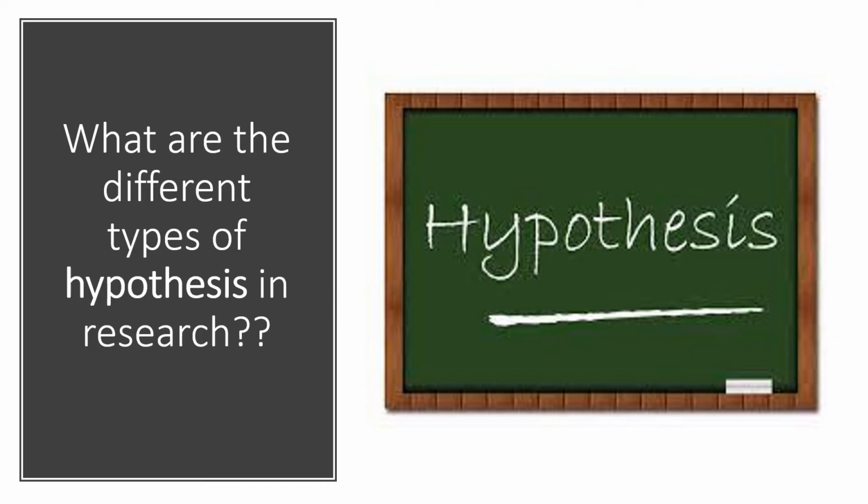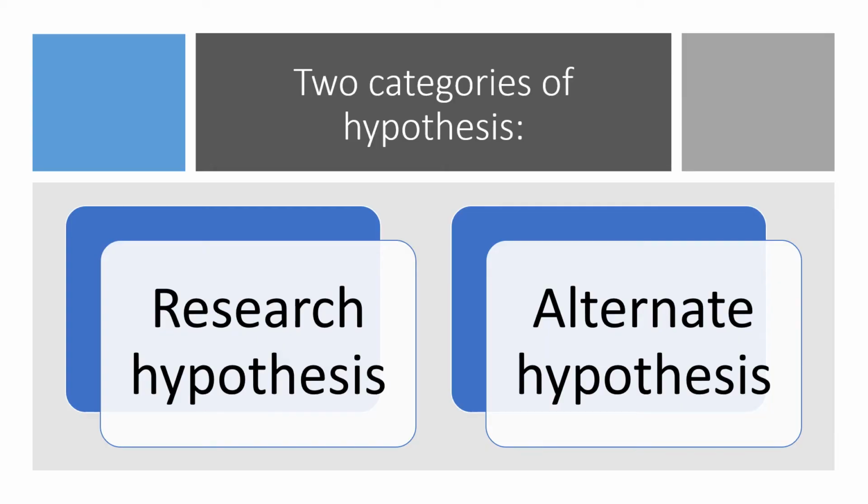Let's get started. So broadly, there are two categories of hypothesis. One is called the research hypothesis and the other is called the alternate hypothesis. The formulation of an alternate hypothesis is a convention in scientific circles. Its main function is to explicitly specify the relationship that will be considered as true in case the research hypothesis proves to be wrong.